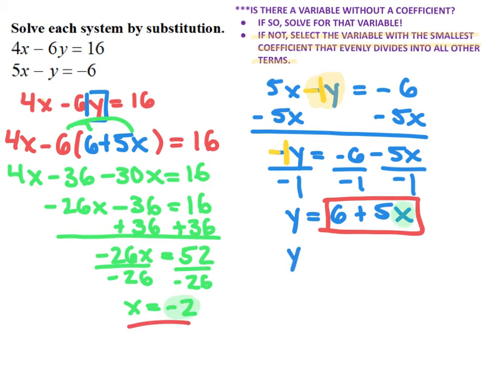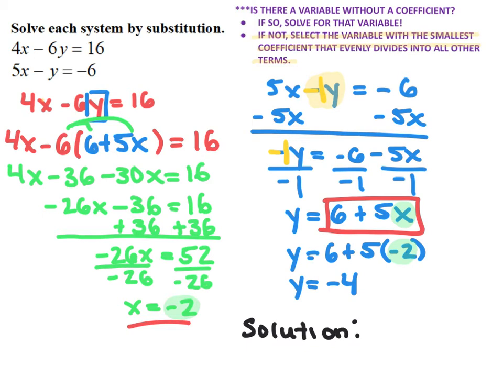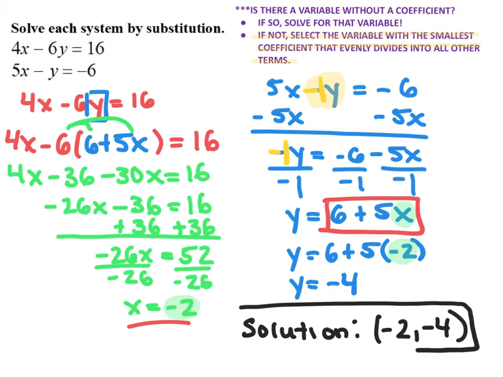So it'll become y equals 6 plus 5 times negative 2. So y equals negative 4. So the solution to the system is negative 2, negative 4.